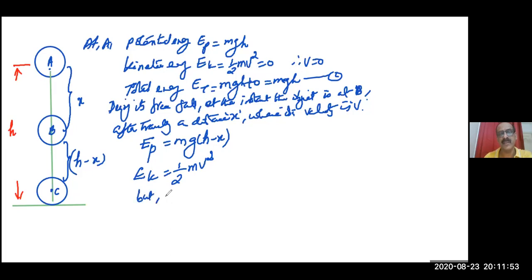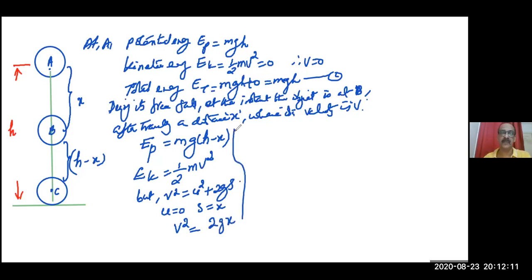But v squared is equal to u squared plus 2gs. u is equal to 0, s is equal to x. Then v squared is equal to 2gx. Then EK is equal to half m into 2gx. Half cancels, EK is equal to mgx.